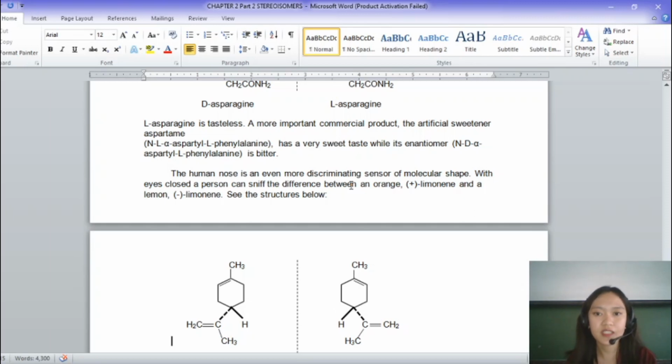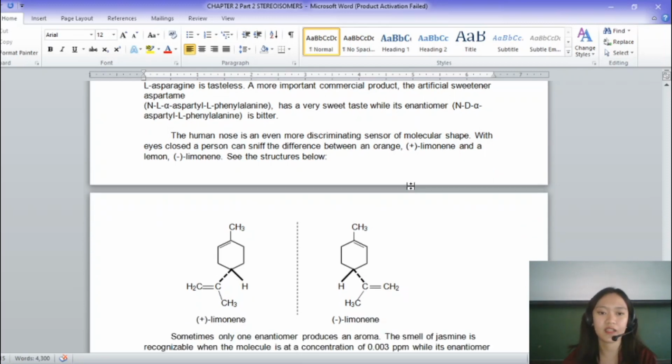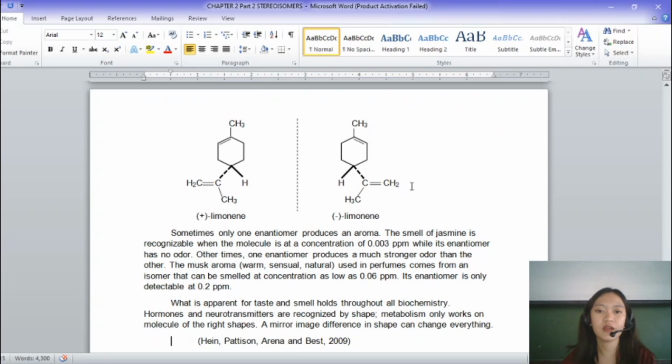Why? Because the smell of the orange is sweeter than the smell of the lemon. So, positive and negative. Sometimes only one enantiomer produces an aroma. So, it is also possible that only one isomer of the enantiomers produces the aroma.